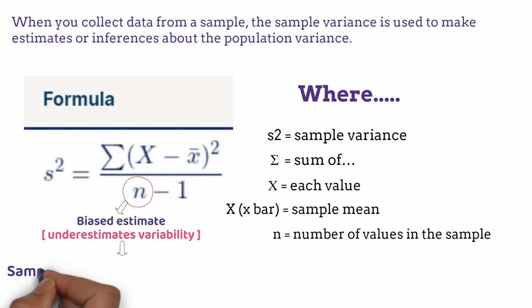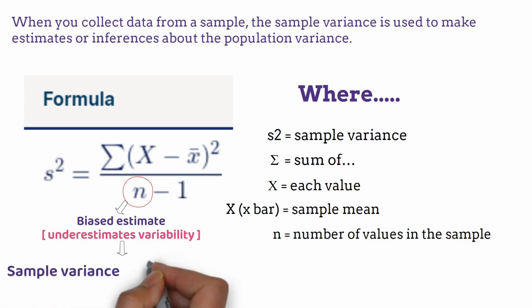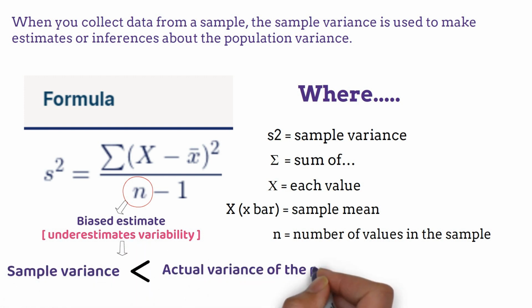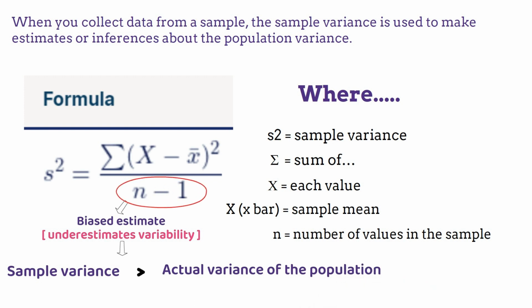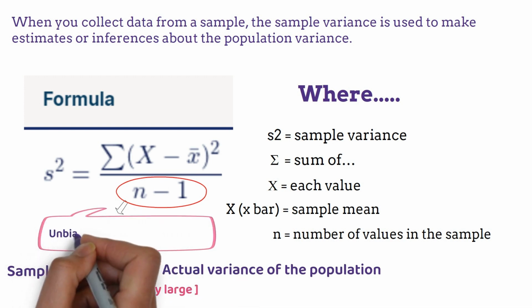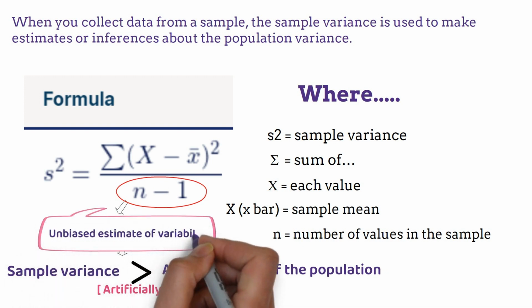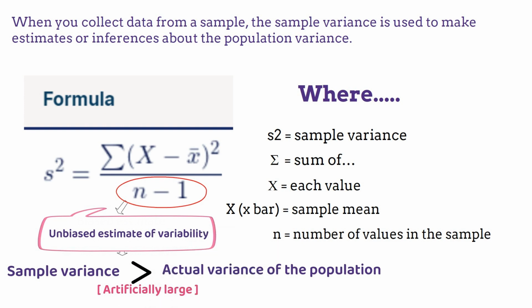The sample variance would tend to be lower than the real variance of the population. Reducing the sample n to n-1 makes the variance artificially large, giving you an unbiased estimation of variability. It is better to overestimate rather than underestimate variability in samples.